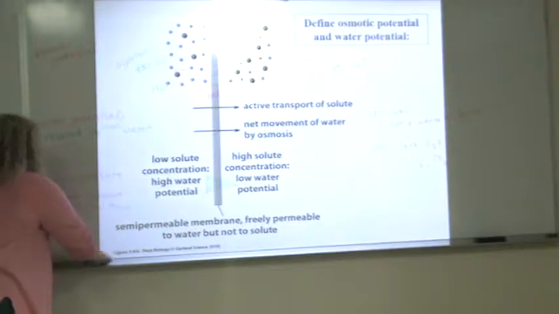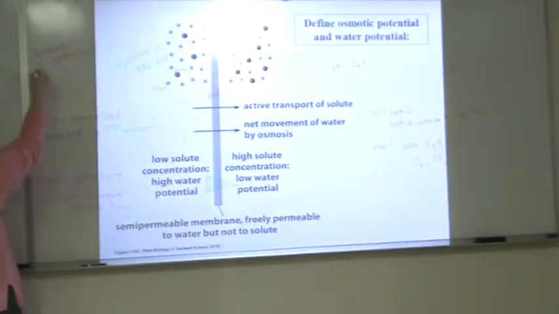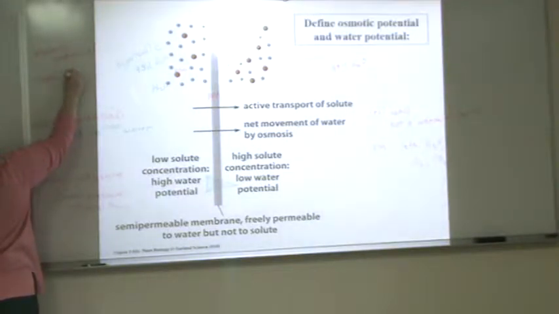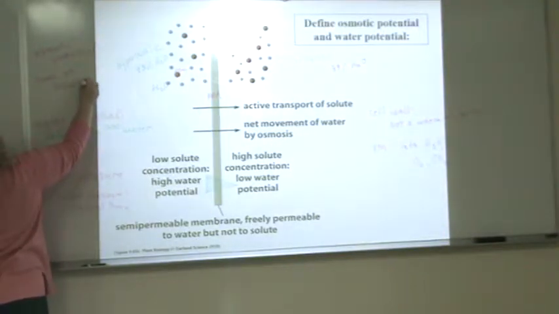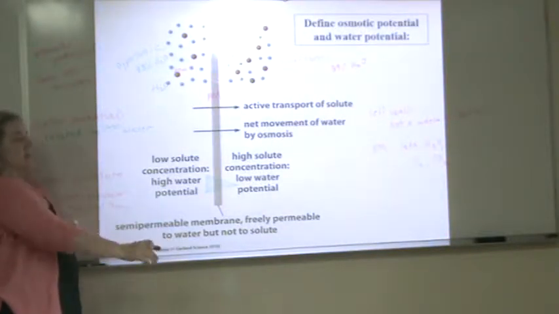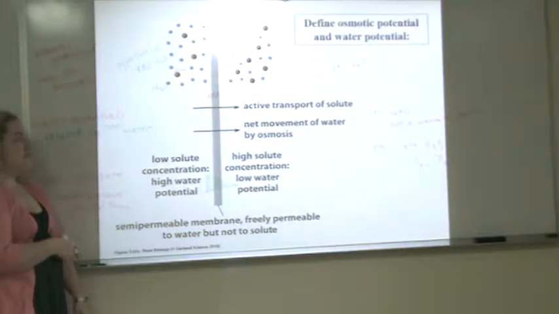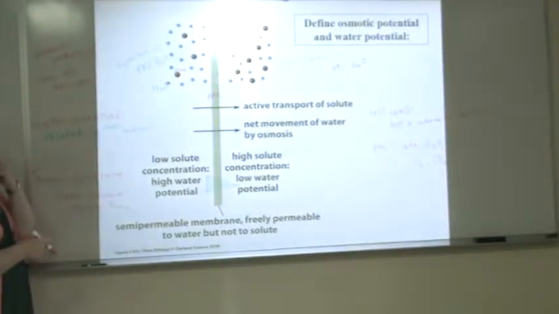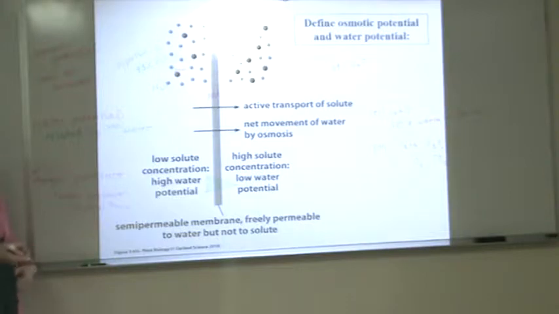The osmotic potential is related to the concentration of solutes. Not just one solute, but all solutes. That's osmotic potential. And the osmotic potential is normally going to be the opposite direction of the water potential. So if a solute could move, which direction would it move?